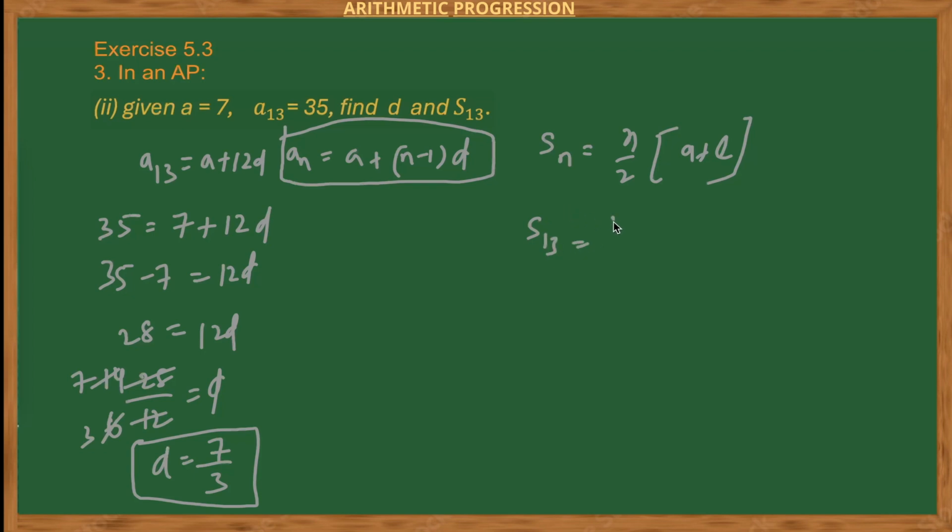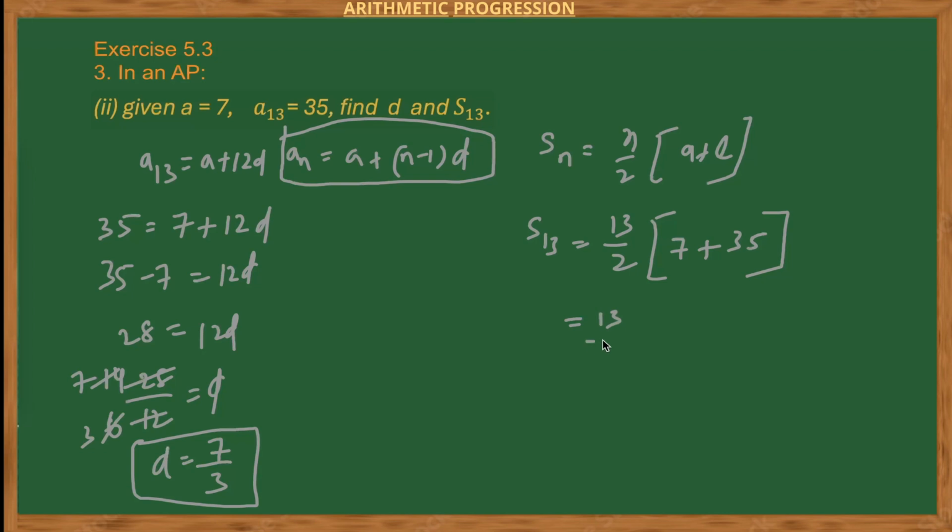The value of n is 13 divided by 2. What is A? A is 7 plus L. What is L here? L is 35, the last term's value.